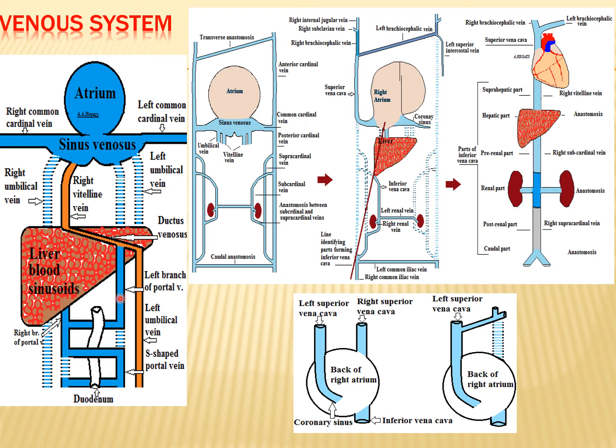So the caudal portion of the two vitelline veins connected by three anastomoses forms the S-shaped portal vein.